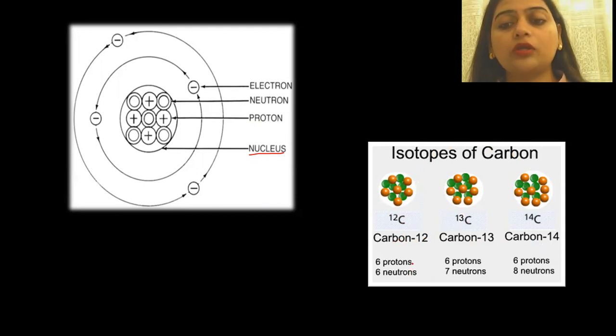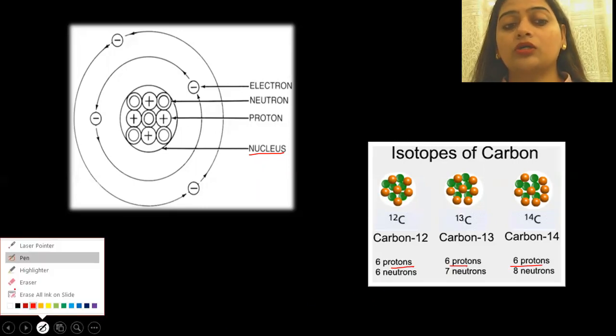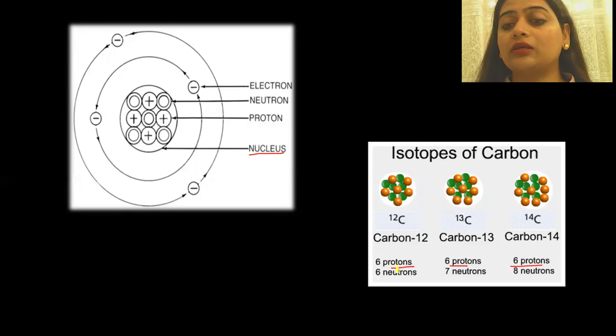If you carefully look at them, carbon 12 is containing 6 protons, it is also containing 6 protons, and it is also containing 6 protons. So now what is the difference? The difference is basically in the neutrons. So it is containing 6 neutrons, it is containing 7 neutrons, it is containing 8 neutrons.